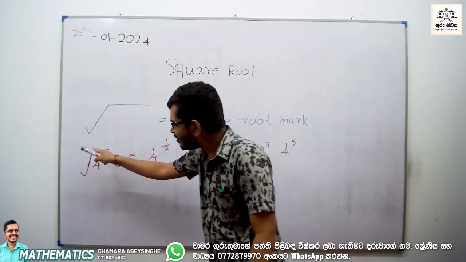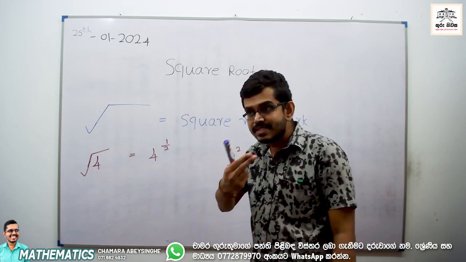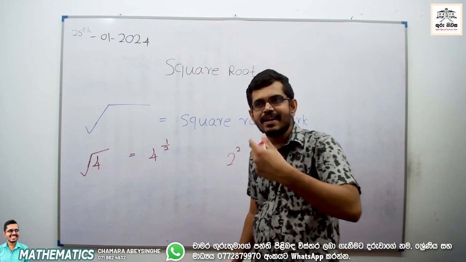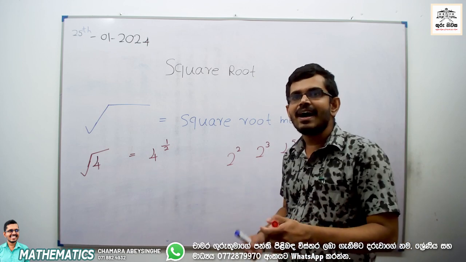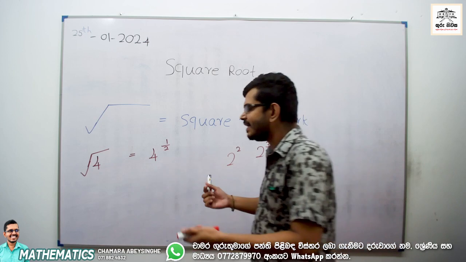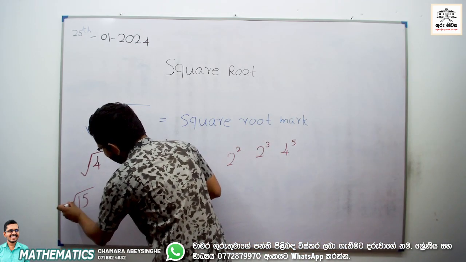So this square root mark represents a certain number with index half. And let's see square root 15, student.